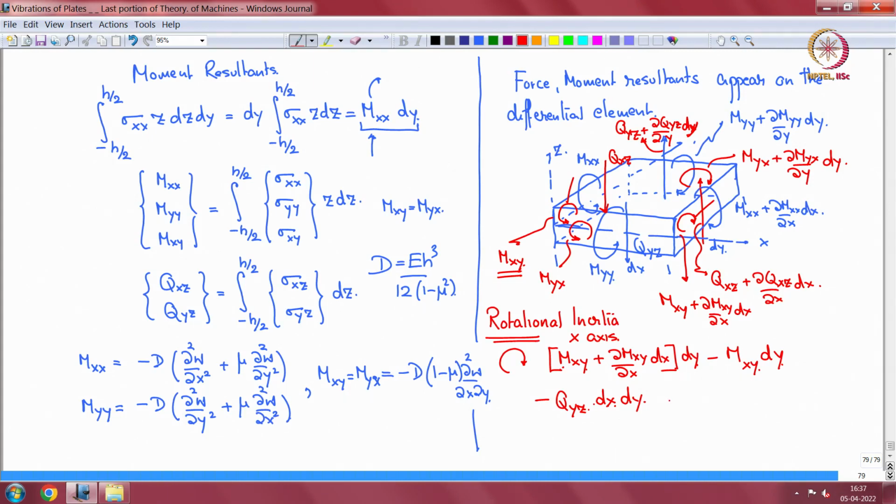So I have minus MYY into dx, this is also about the x axis, minus MYY dx plus MYY plus del MYY by del Y dy, that is the resultant, into dx, equal to 0.